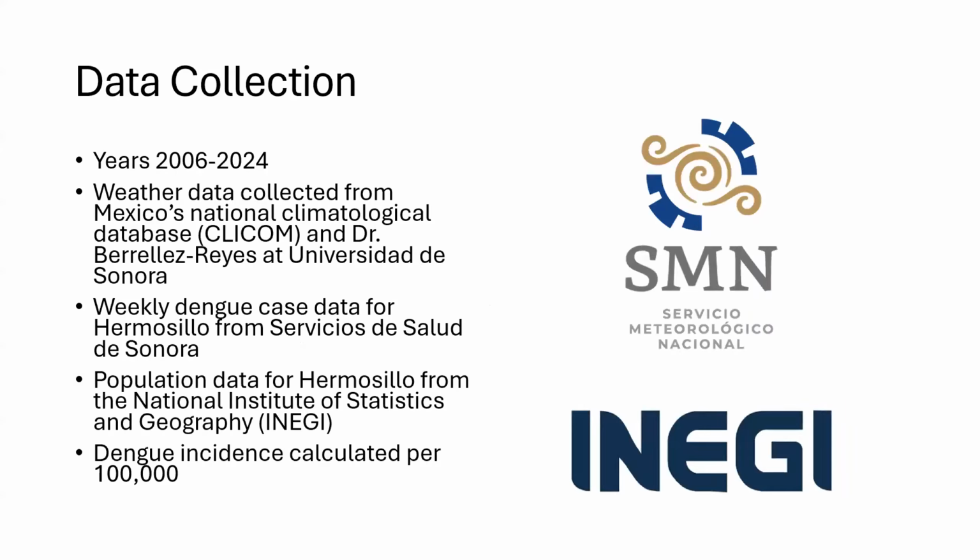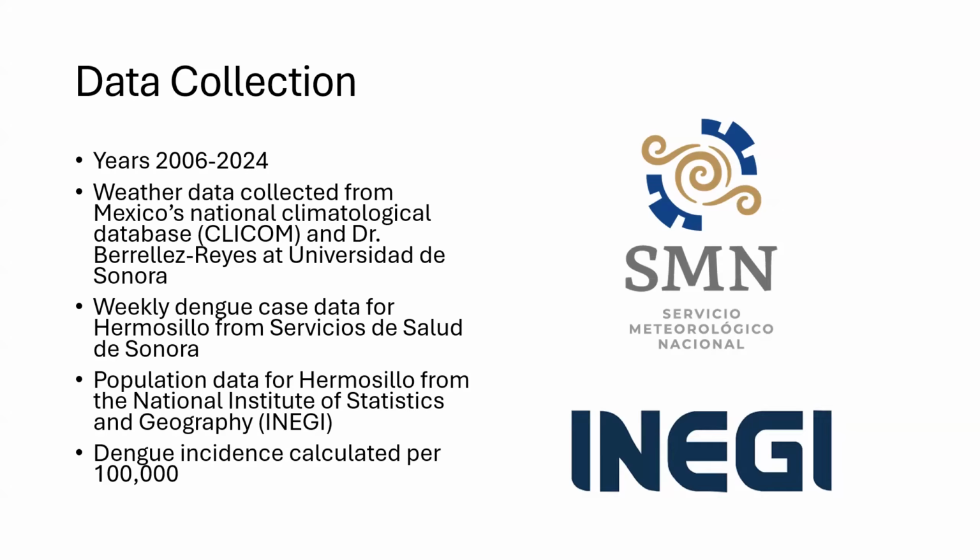So for our data, we collected data from the years 2006 to 2024. And this data included weather data collected from Mexico's National Climatological Database, as well as Dr. Breles Reyes at the Universidad de Sonora. Weekly dengue cases were collected from the Servicios de Salud de Sonora, which is Sonora's public health agency. And then we also collected population data from the National Institute of Statistics and Geography.